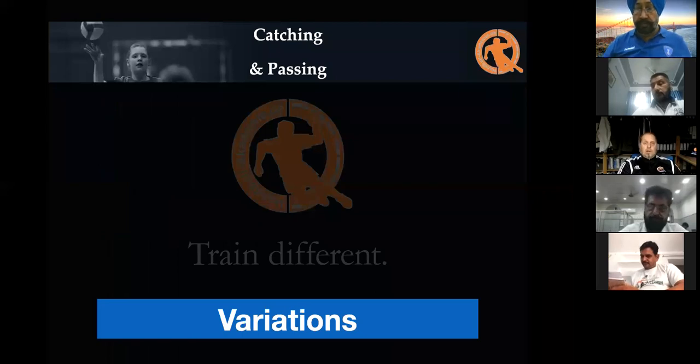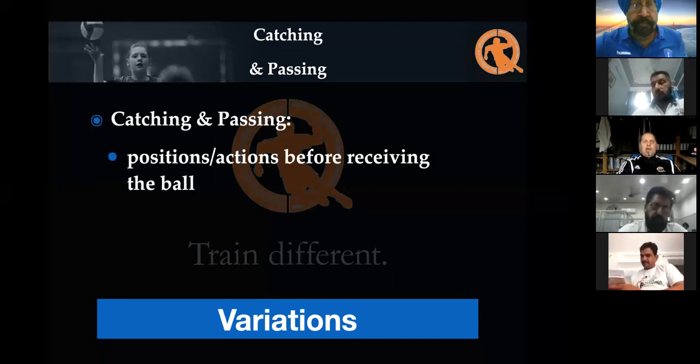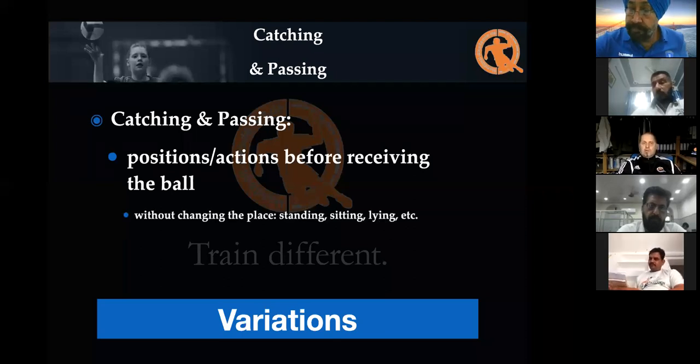Because we have 3 phases, we might say, in the drills, because we have a lot of drills for passing and catching the ball. And the first in that moment is, what are the positions and actions before the players catch the ball? So we can do this in a very easy way without changing the place.